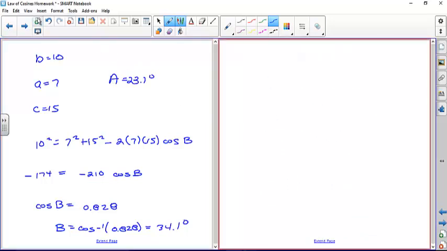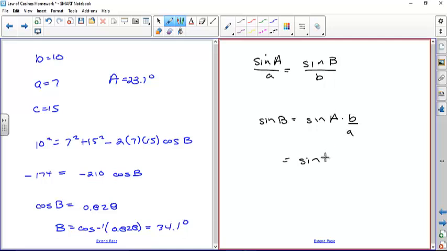So the other way to solve this problem is to use the law of sines, and that says the sine of A over A is equal to the sine of B over B. If I solve for the sine of B, because I'm trying to find B, sine of B is equal to the sine of A times B divided by A. So we have the sine of A, which we got from the previous step, 23.1 degrees, times B, which is 10, and A is 7.